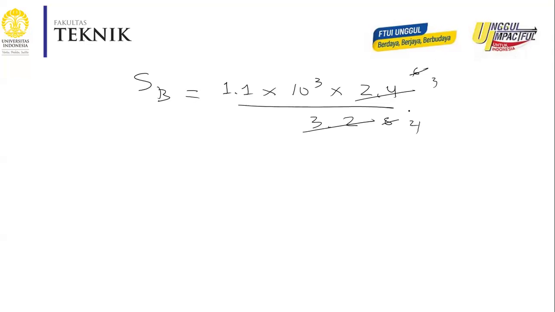So this one is 3.3 times 3.3 divided by 4. Around 0.825 times 10 power 3 meters. So the final result is 825 meters. This is the distance of displacement of B.